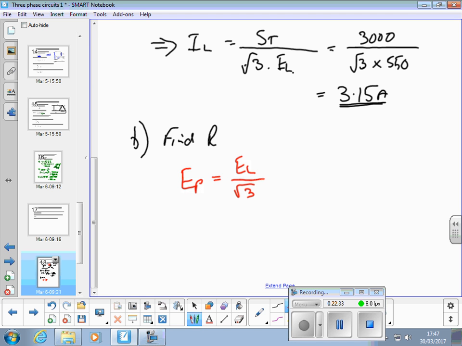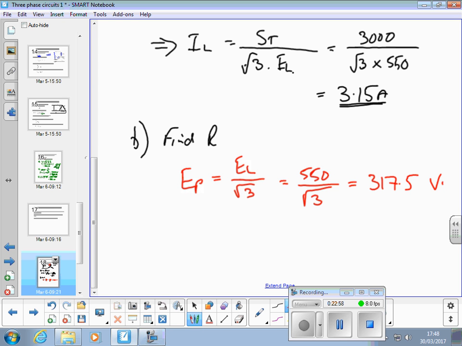That's the only way you're going to make it smaller. So that's 550 over root 3 equals 317.5 volts.